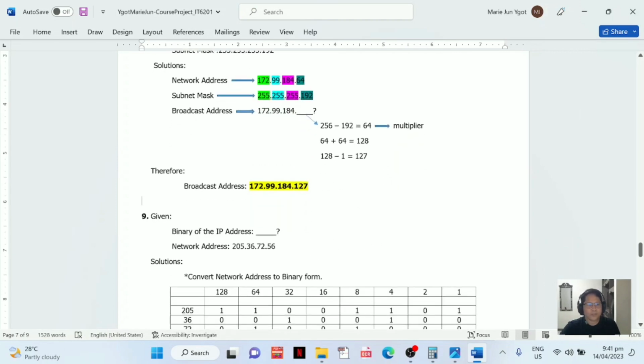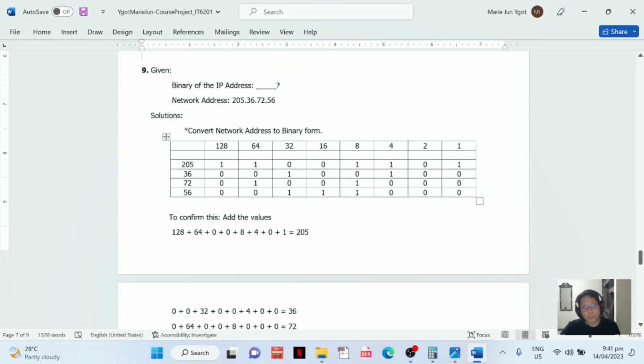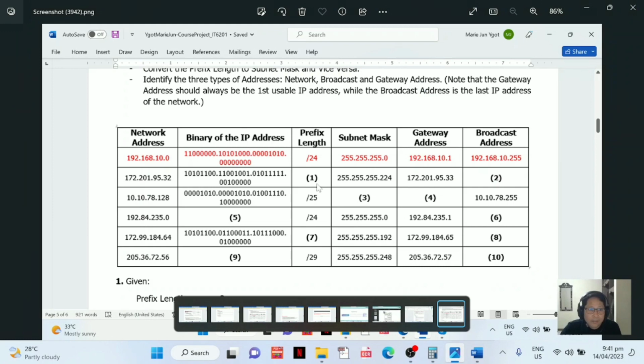Okay, let's move on to our 9th problem. Problem number 9 would be, again, we're going to find the binary of the IP address. In order to get the binary of the IP address, we have to convert our network address.